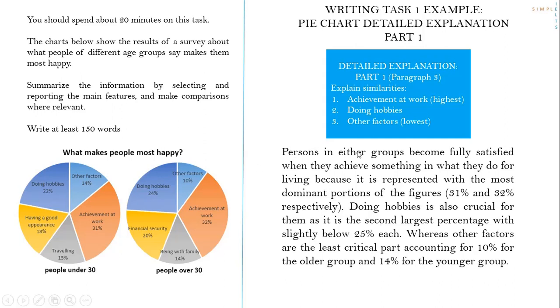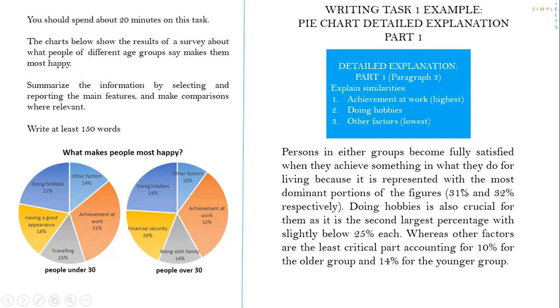Become fully satisfied has the same meaning with most happy. And then when they achieve something in what they do for a living has the same meaning with achievement at work. And then the number is 31% for people under 30 and 32% for people over 30.